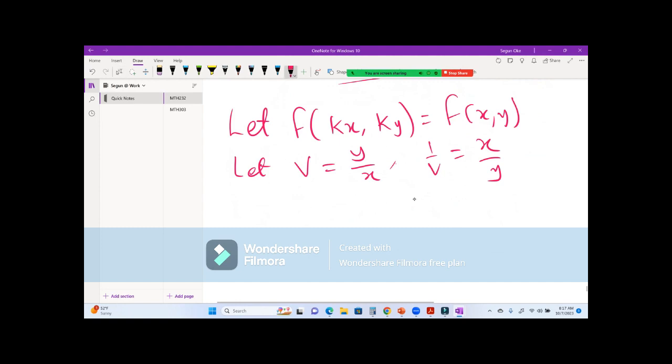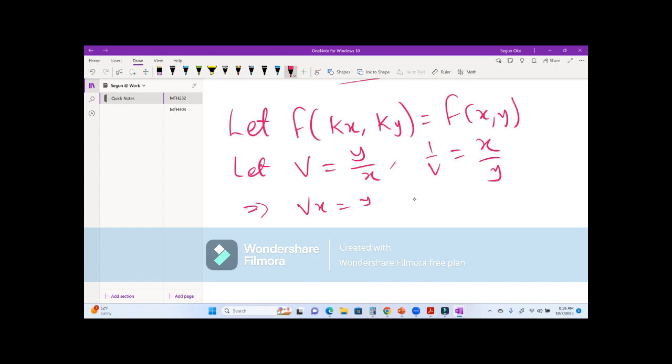This is what I'm doing. Just a digression: if you cross multiply, you have vx equals y, right? Anyway, don't worry.